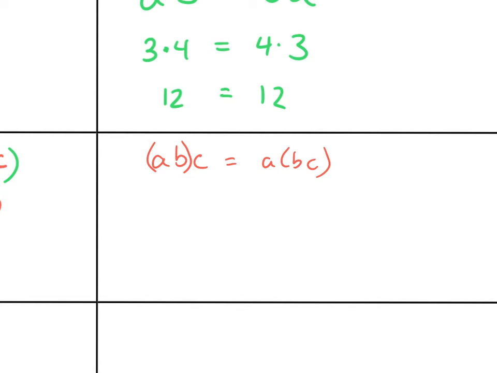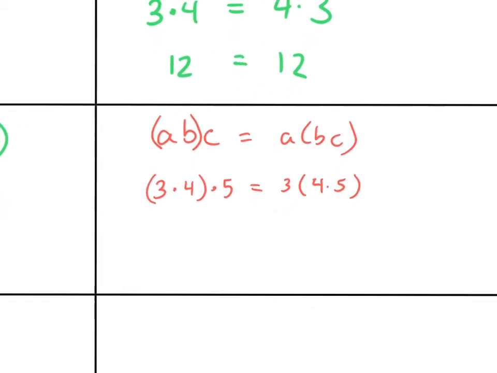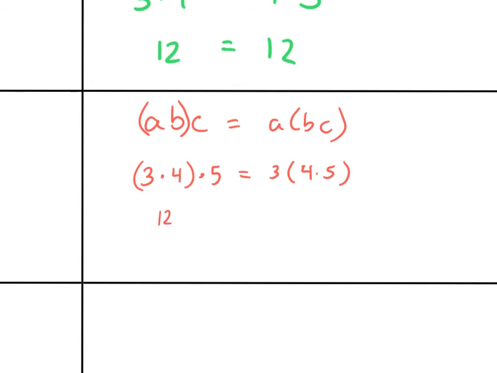So, for example, 3 times 4 times 5, if I do the 3 times 4 first, or do the latter two combined first, the first one would give me 12 times 5. The second one would give me 3 times 20, and they both give me 60. Works.